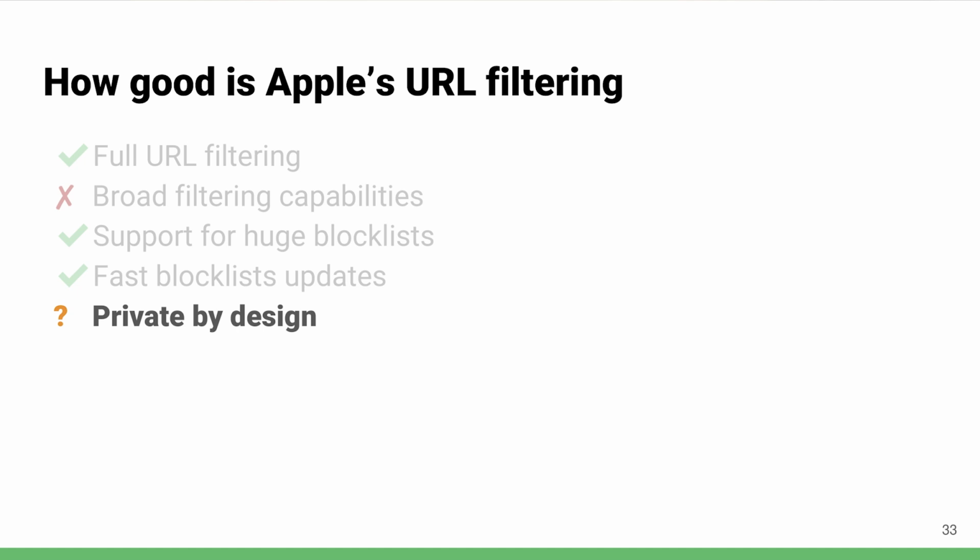Now, the next point is a bit more complicated. For me, private by design means that when an app uses this API, the user should remain completely anonymous, and there's no possible way for the developer to learn who they are or what they do. While that was clearly Apple's goal, the whole architecture is built around different privacy technologies.